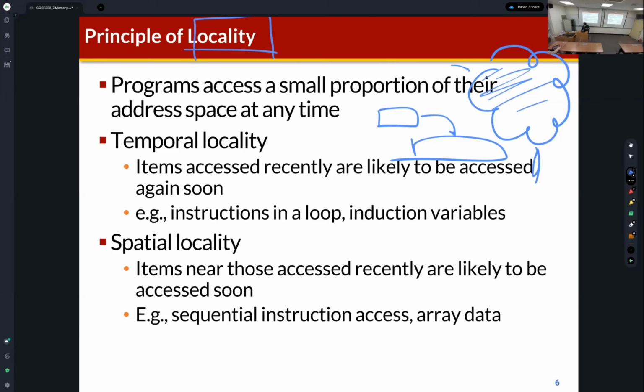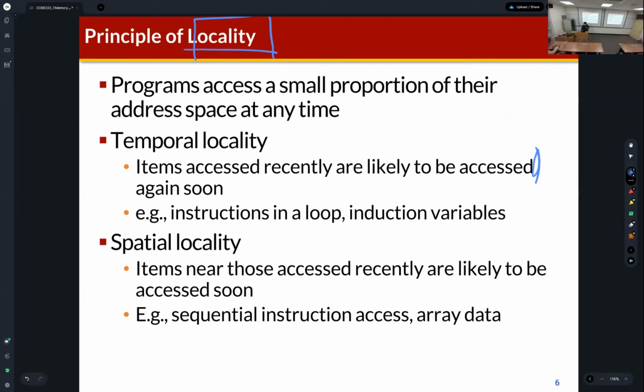But locality means that some parts of the material will be accessed frequently. That is the meaning of locality. I will explain the detailed meaning of locality.